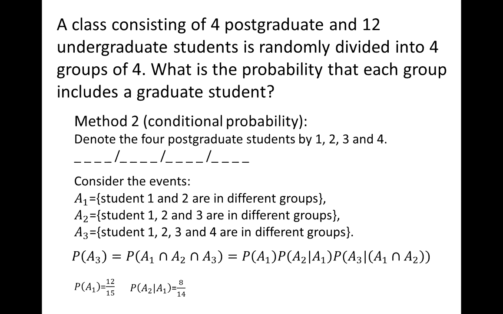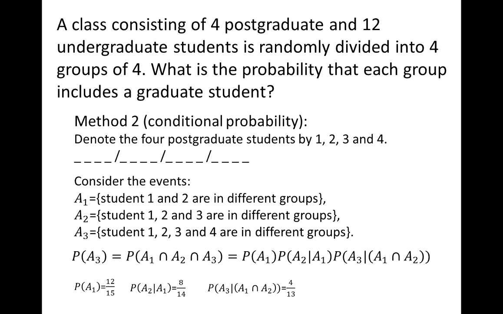Similarly, the probability of A2 given A1 is equal to 8 over 14, since there are 8 student slots in groups other than the one of students 1 and 2, and there are 14 student slots, excluding students 1 and 2.